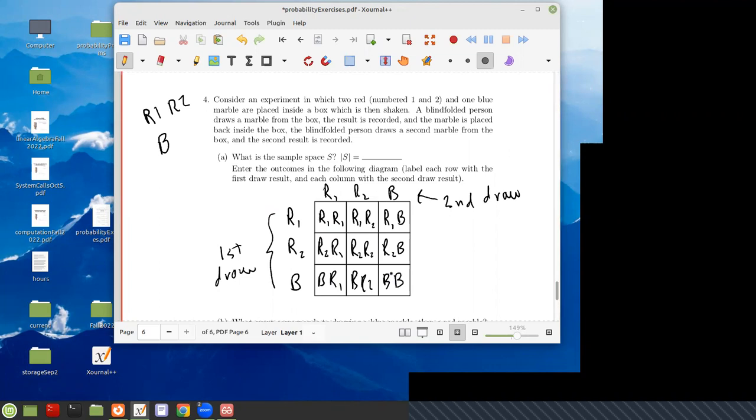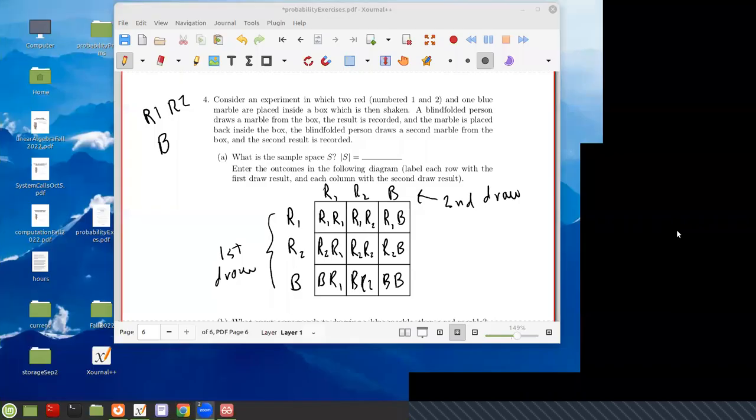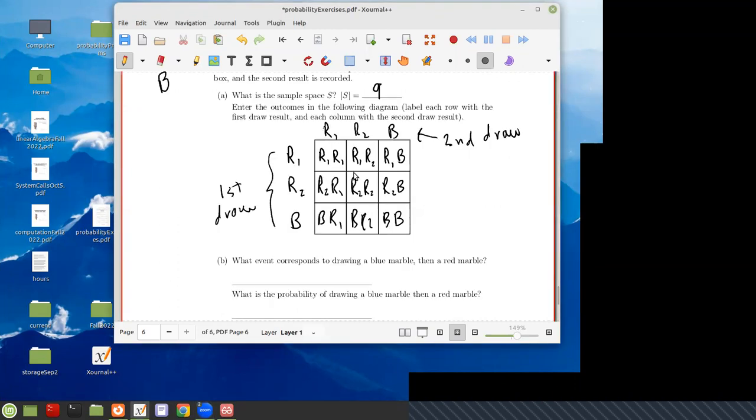So there you have a picture of the sample space, and you can see that the sample space size is, and I'll give you a moment to fill that in. Well, it's obviously going to be 9. So there's 9 outcomes. The sample space size is 9.